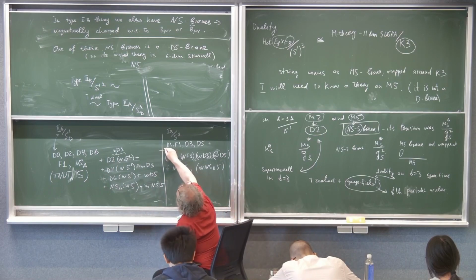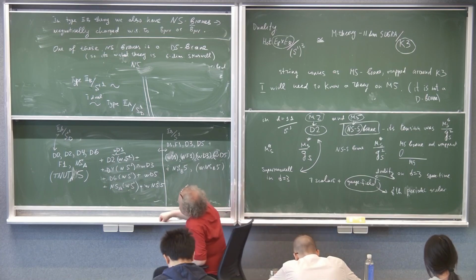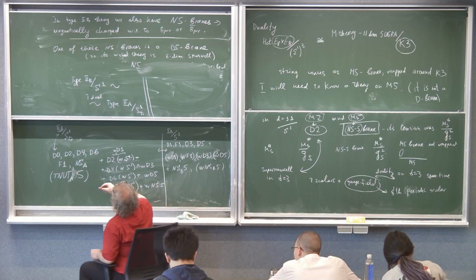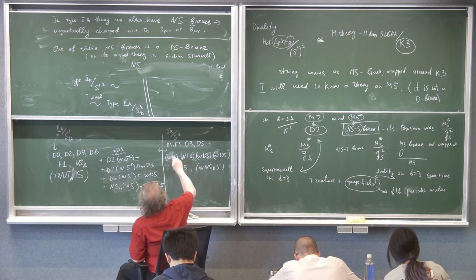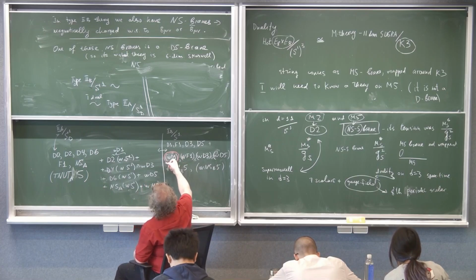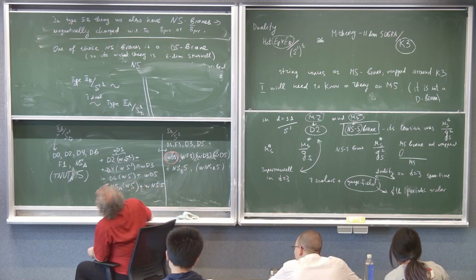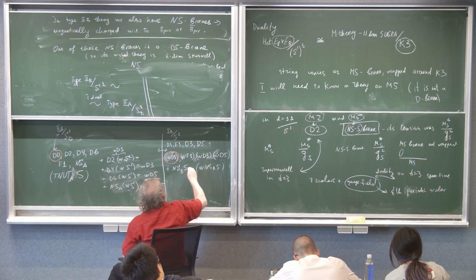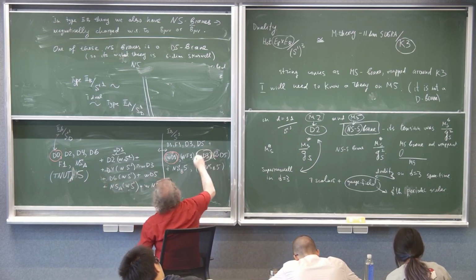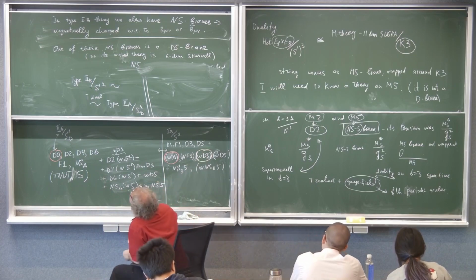And now let me see how T-duality is working. In particular, here I have wrapped D1 and it goes to D0. I have wrapped D3 and it goes to D2.